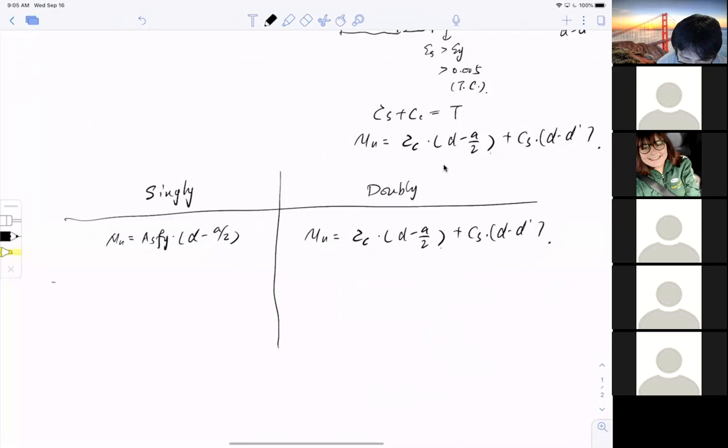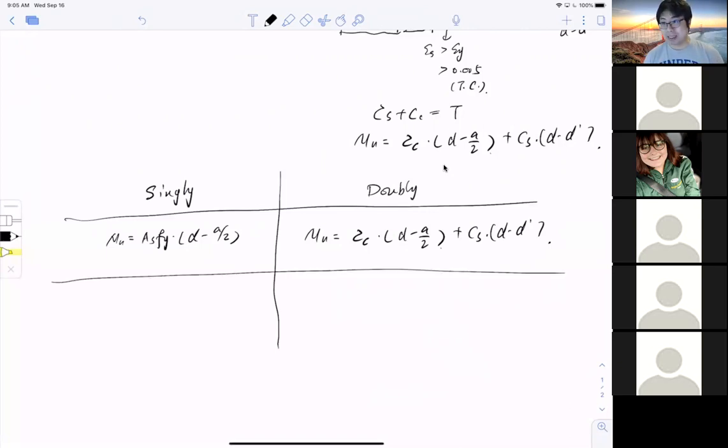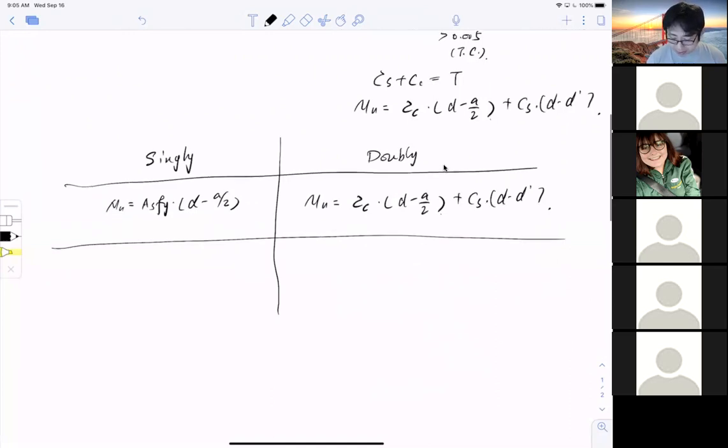My moment capacity calculation is different. So compared to before, I have an additional component, right? Contributed by the compressive reinforcement. Okay. So that is the difference.